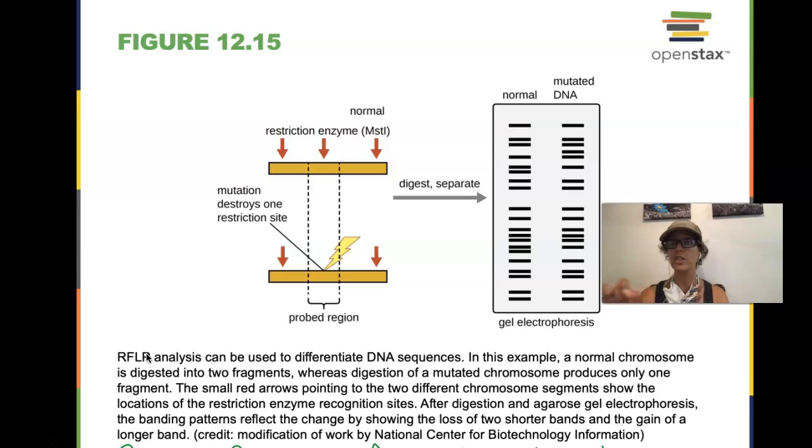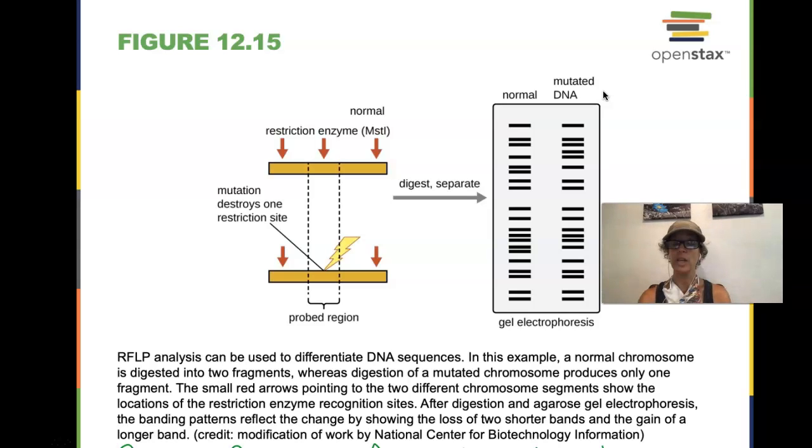Polymorphic, different shapes, right? This can be done when looking for different strains of bacteria: how much DNA do they share? In this case, it's a normal versus mutated DNA. It would also be the same technique used when we gather DNA evidence at a crime scene.